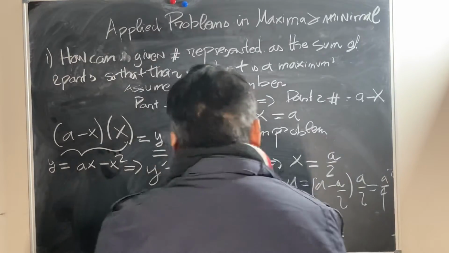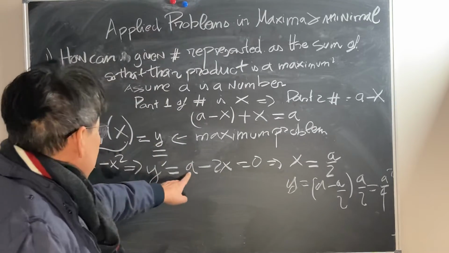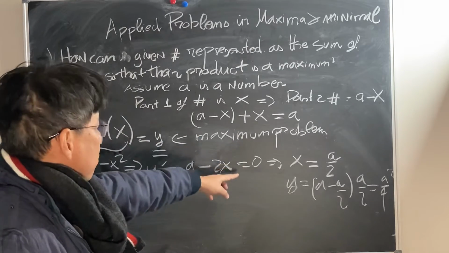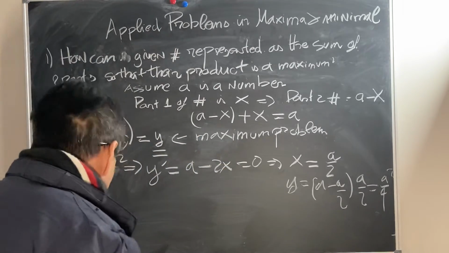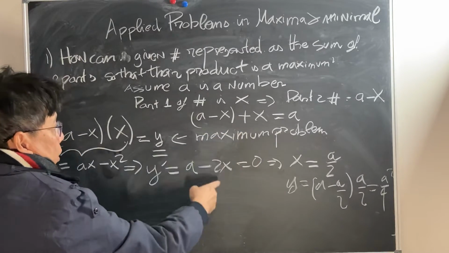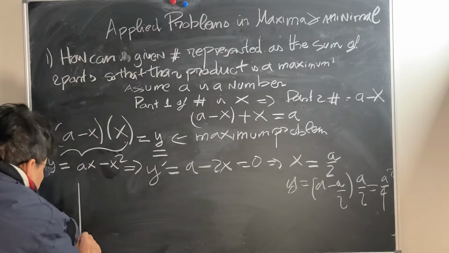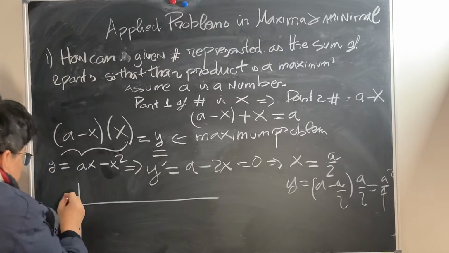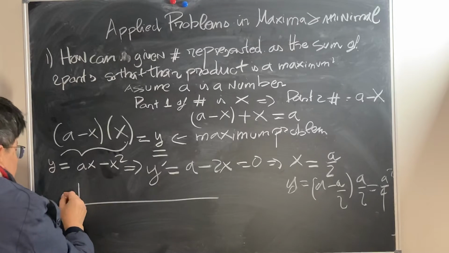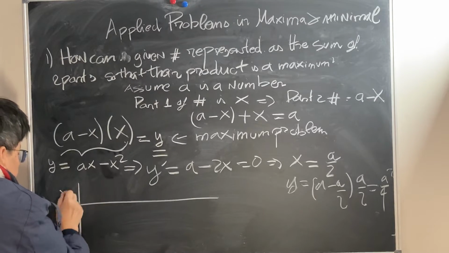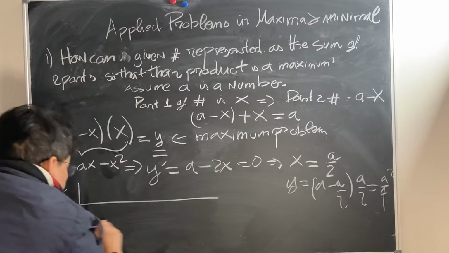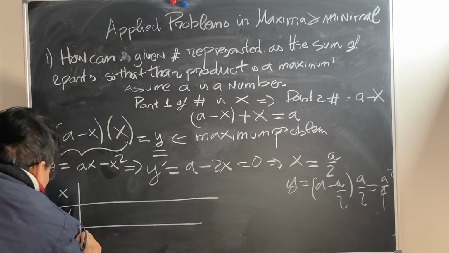Okay, so we don't know whether this point x equal a over 2 is a maximum or a minimum. So we need to prove it. In order to prove it, you just draw the table with the first row being the first variable, x, and then the derivative and y.